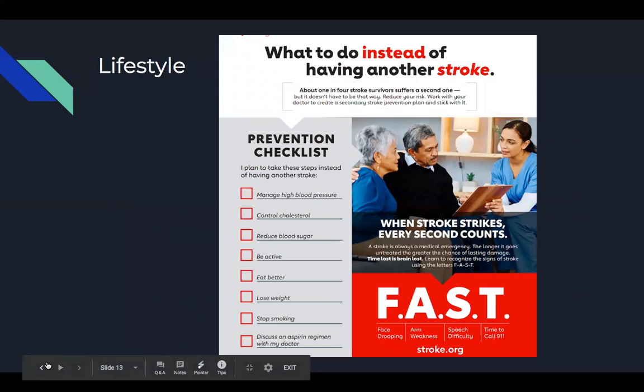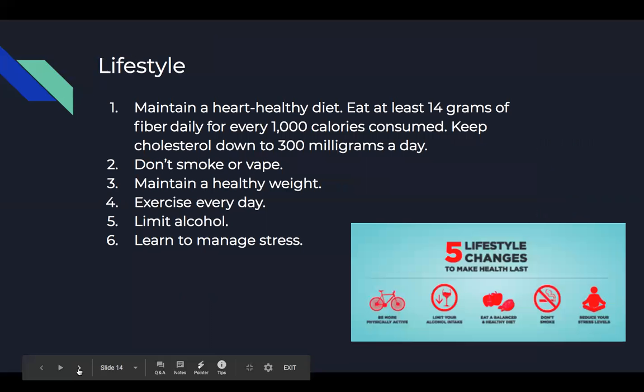So this is just a checklist of things that you can do to prevent another stroke from happening. Things that are recommended after having a stroke to prevent another one would be first to maintain a heart healthy diet: eat at least 14 grams of fiber daily for every 1,000 calories consumed, keep cholesterol down to 300 milligrams a day, don't smoke or vape, and maintain a healthy weight.